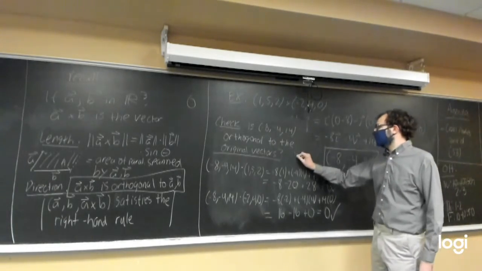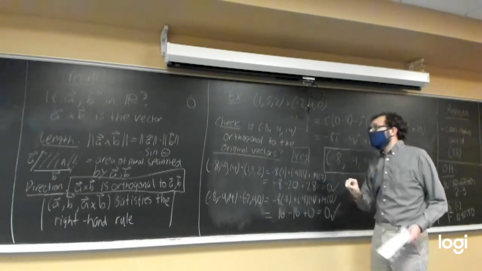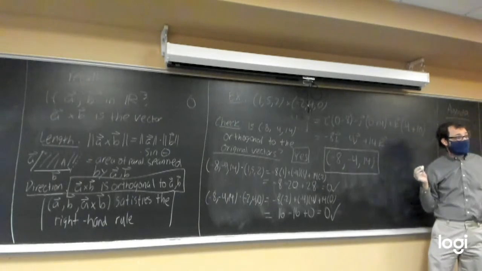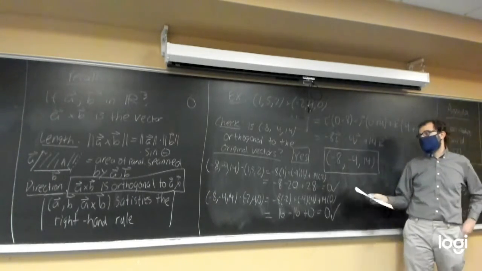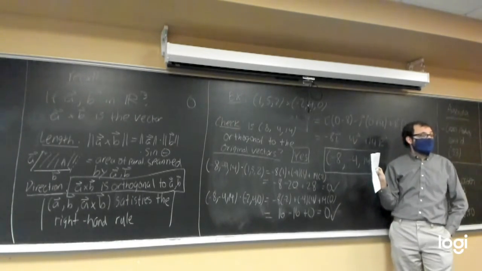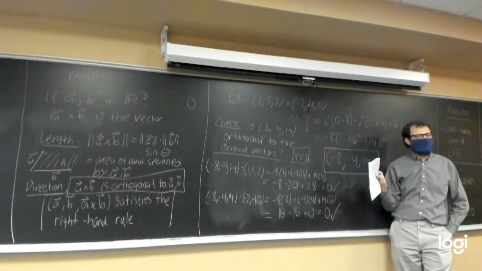So the answer turns out to be yes, the vector we found was in fact orthogonal to both of the original two vectors, which means it's probably correct as the cross product.